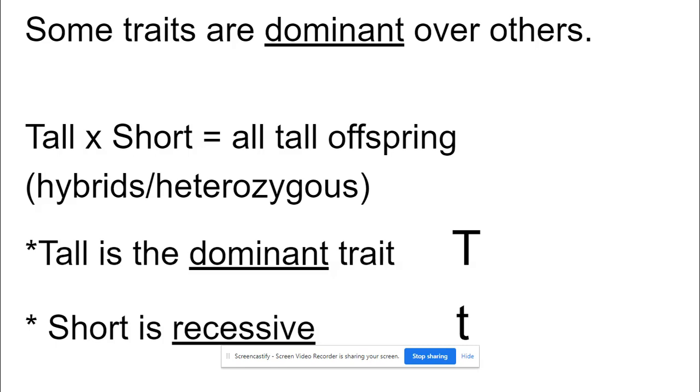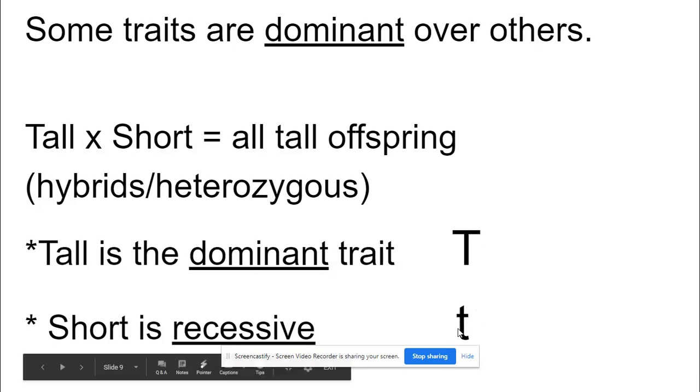And the recessive trait can sometimes get hidden when there is a dominant trait present. And you're going to notice that he used the same letter here, the letter T. And when he wanted to represent the dominant trait, he would use a capital T. When he wanted to represent the recessive trait, he would use a lowercase t.